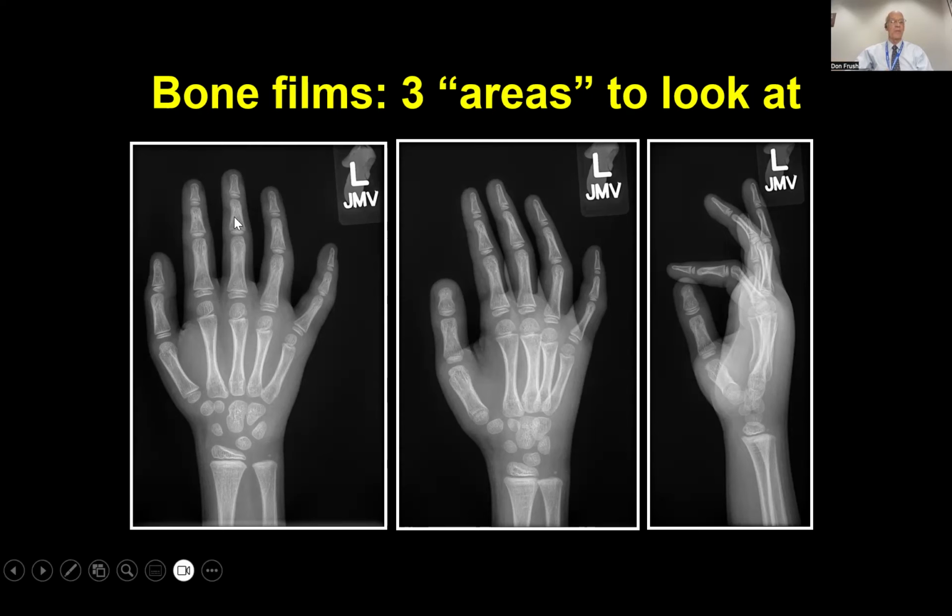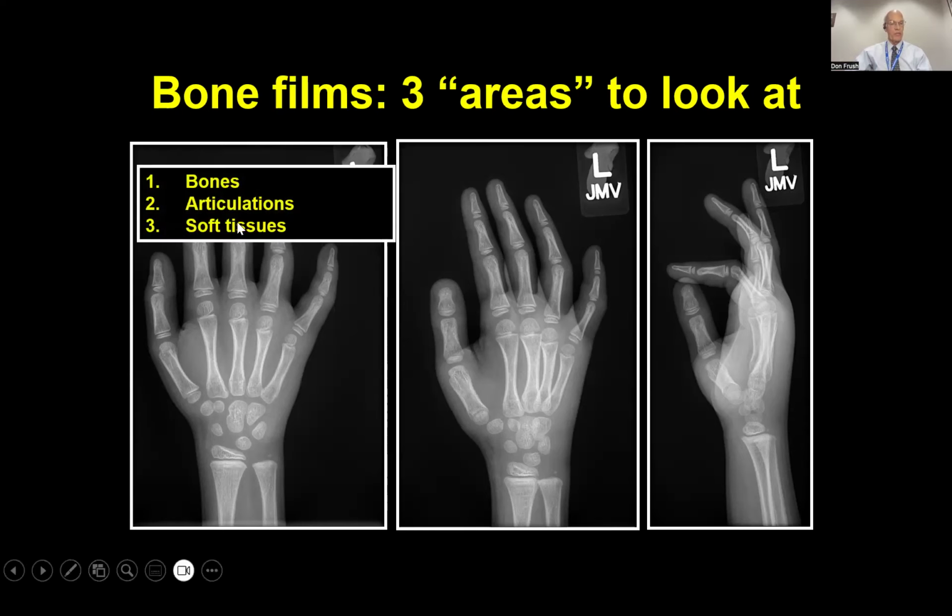Because your bones may be normal, but if you have a dislocated phalanx here and here, the relationship is going to be abnormal. So the bones are okay, the soft tissues may be okay, but the relationship of the bones to each other is abnormal. So those are the 3 things to look at with an extremity film: the bones, the articulations, or the relationships of bones to each other, and the soft tissues.